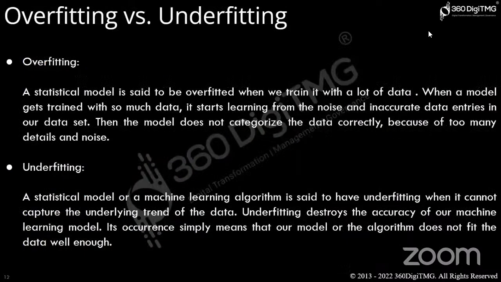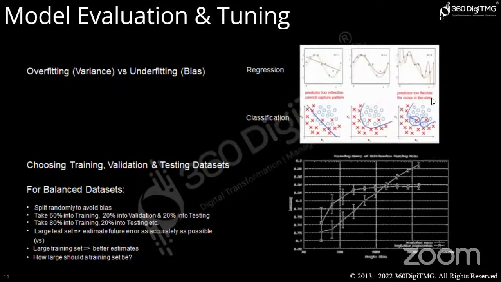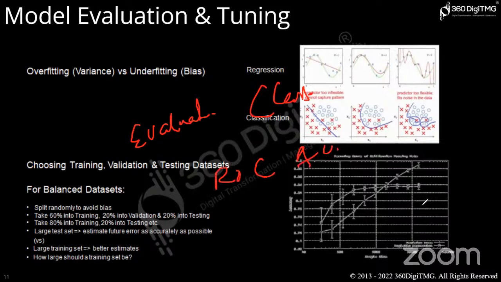And we have the ROC curve and AUC curve also in order to evaluate the model of classification. We'll be having the ROC and AUC, area under the curve.